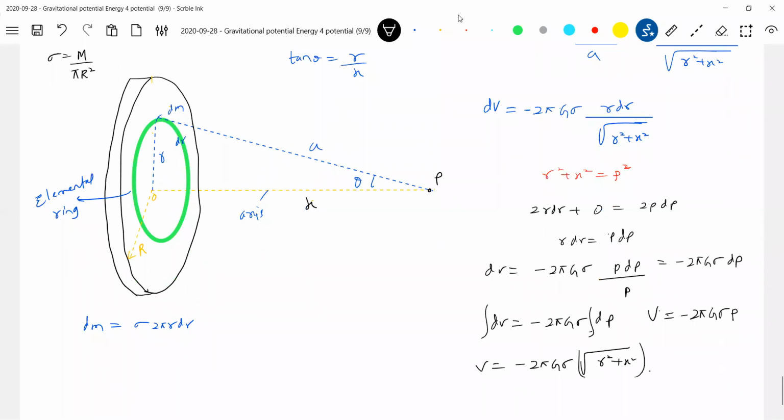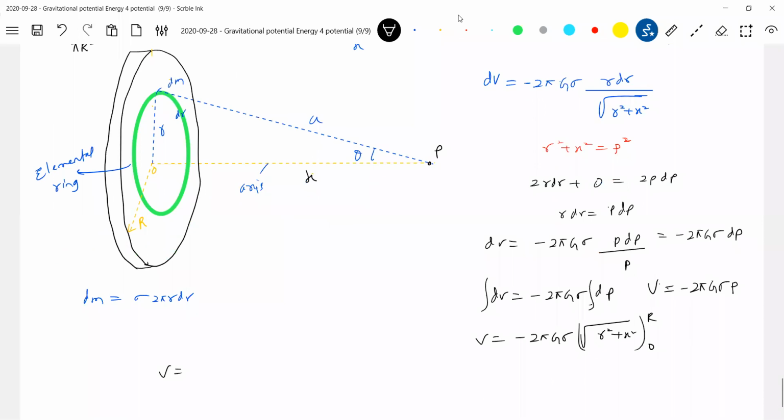Now you're going to bring the limit. What is the limit? 0 to capital R. x is a constant, small r is variable here. So what is the potential? The equation will come: minus 2 pi g sigma, root of r square plus x square, minus x.